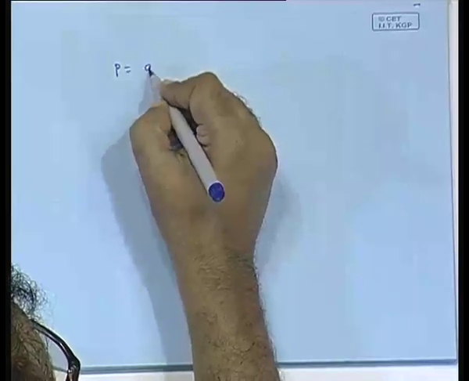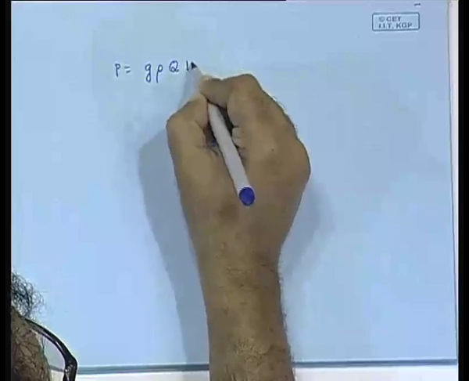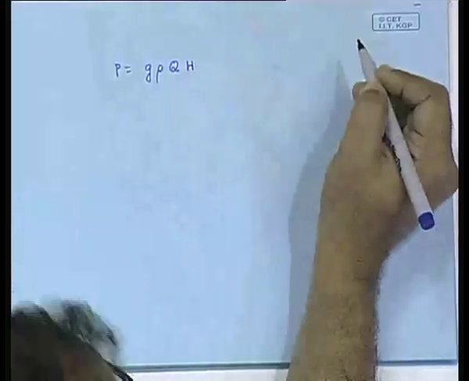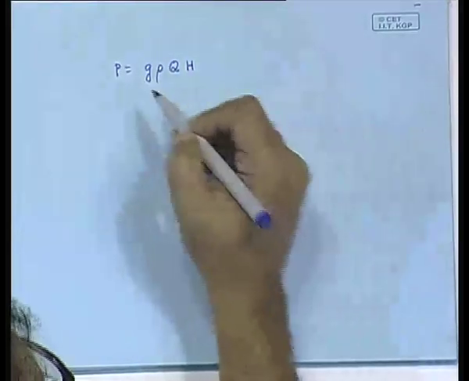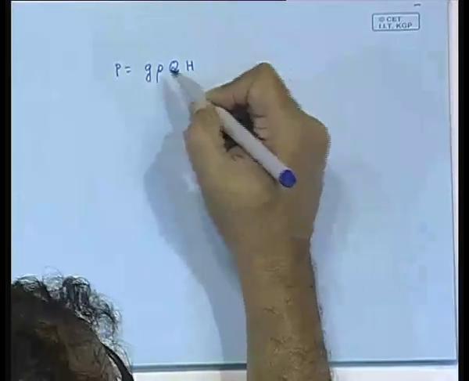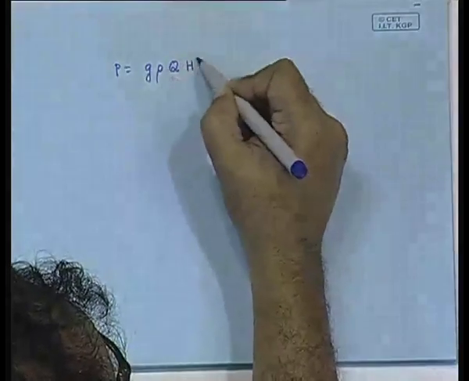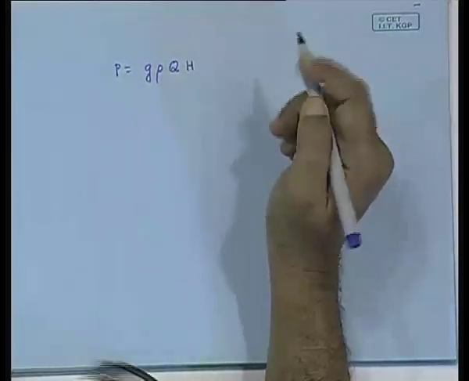G rho Q H, okay, where G is a well known quantity, rho is a well known quantity. So, these two are not really varying, but these two are the varying quantities which we will need to measure.